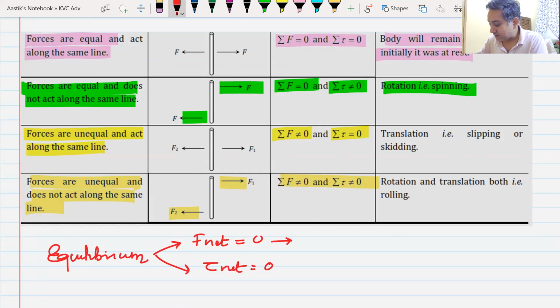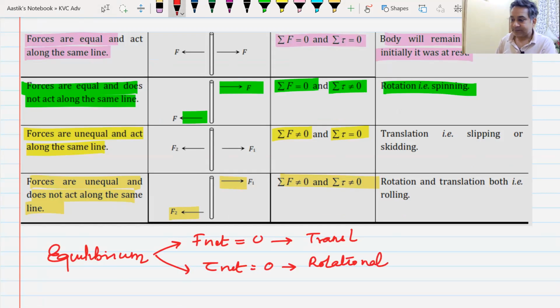F net 0 means translational equilibrium. Tau net 0 means rotational equilibrium. Do we understand this? That is what is going to start in the next class, equilibrium. And once we are done with equilibrium, we'll move on to rotation. Do you understand this?